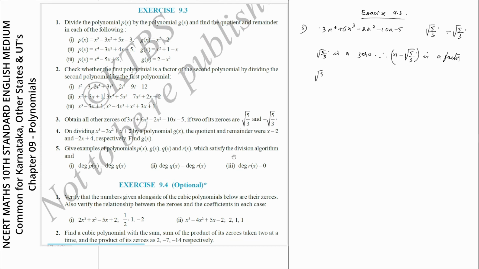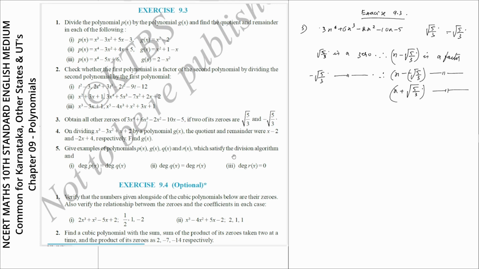Similarly, minus square root of 5 by 3 is a zero. Okay, therefore x minus of minus square root of 5 by 3 is a factor. So this turns out to be x plus square root of 5 by 3.